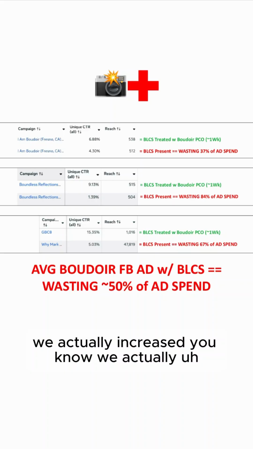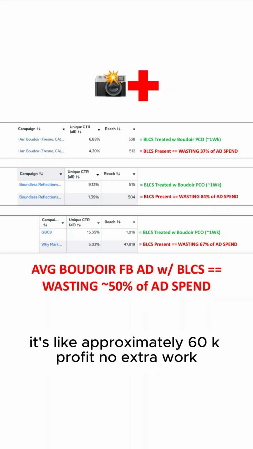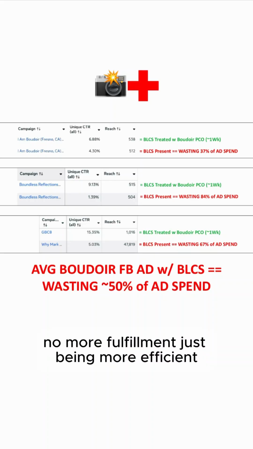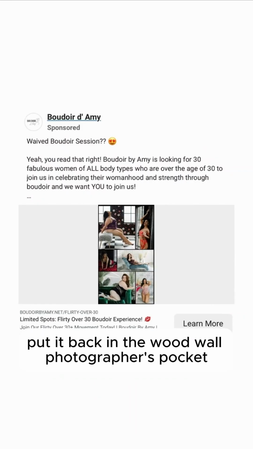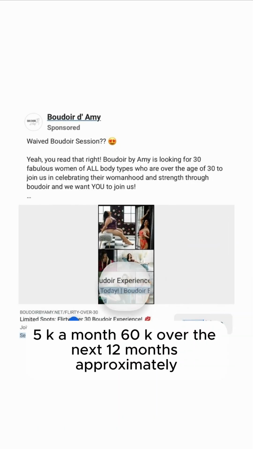At the end of the year, it's approximately a 60K profit. No extra work, no extra effort, no servicing more clients, no more fulfillment, just being more efficient. And you put it back in the Boudoir photographer's pocket, 5K a month, 60K over the next 12 months approximately.